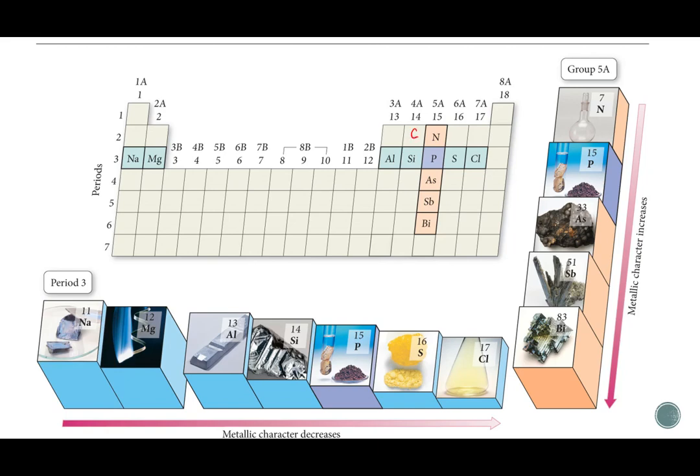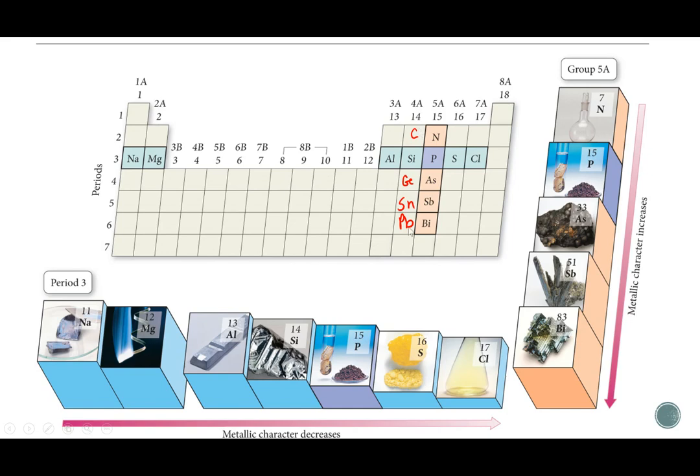So we got carbon, silicon, germanium, not that you really know what that is, tin, and lead. Okay. So you guys are probably a little bit more familiar with tin and lead than you are bismuth. So that's why I like to use this one.